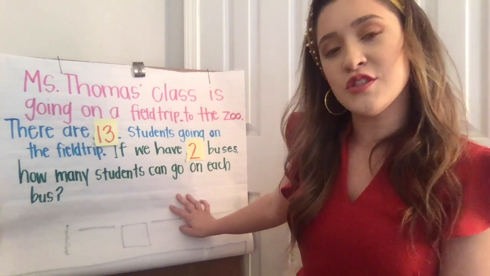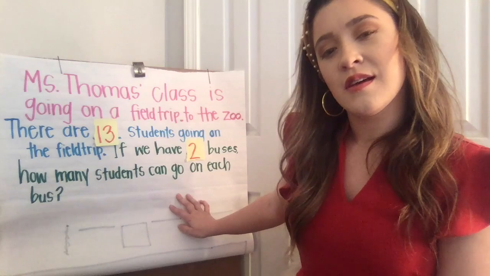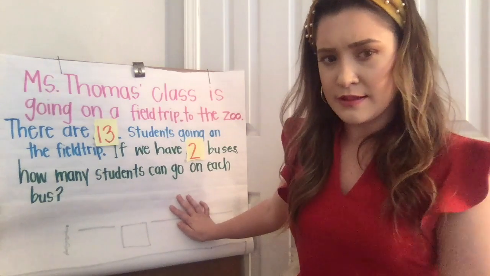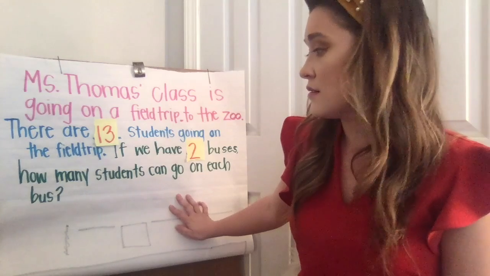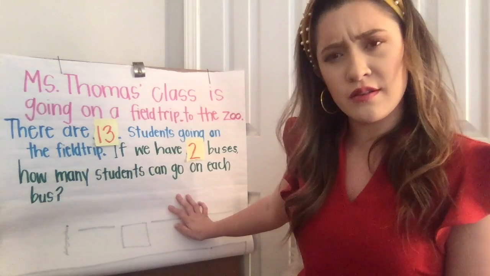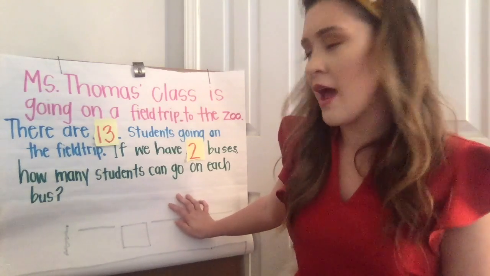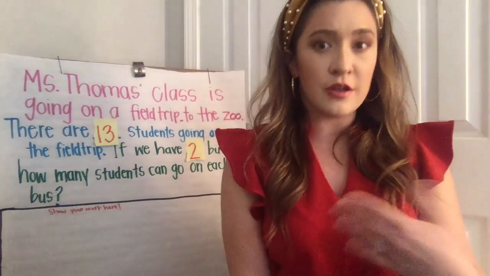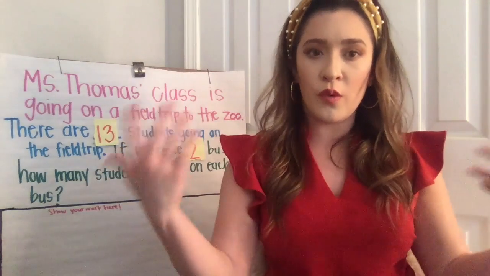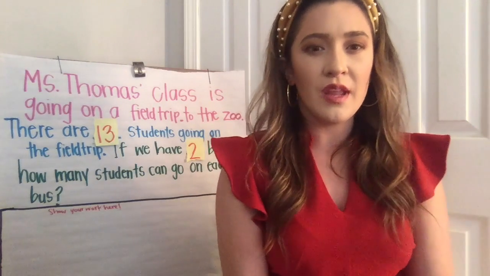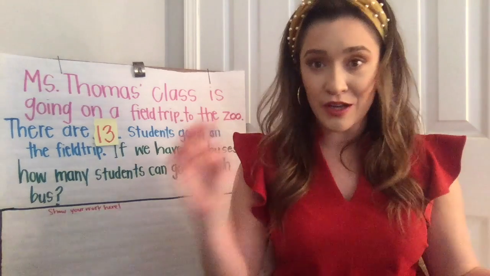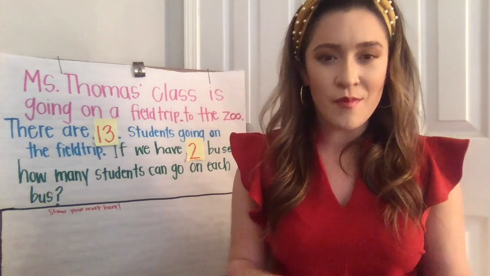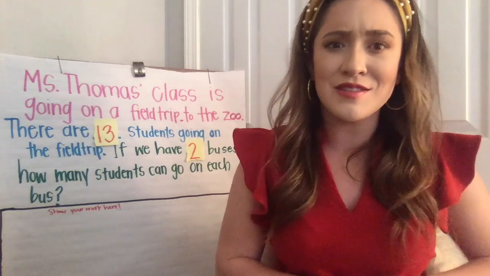There are 13 students, and we have two buses. How many students can go on each bus? Can you start thinking of ways that you can have this different or same amount of students going on each bus? So can you start thinking of ways that we can split up our class to get them on those two buses so we can head to the zoo?